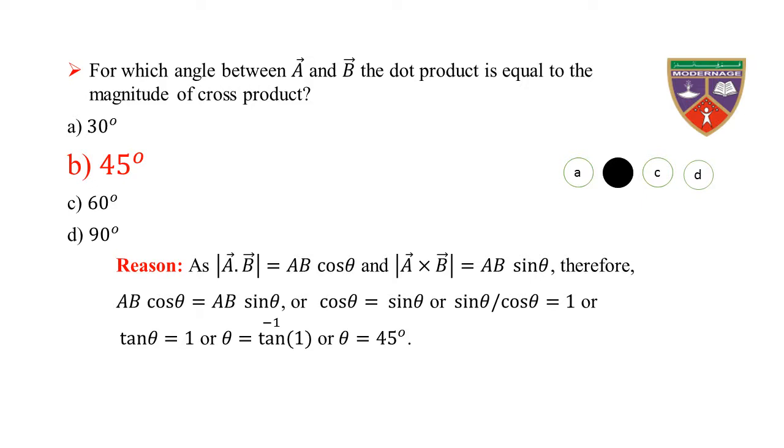Therefore, cos theta is equal to sin theta, or sin theta divided by cos theta is equal to 1, or tan theta is equal to 1, because the ratio of sin theta to cos theta is tangent theta, or theta is equal to tangent inverse 1, or theta is equal to 45 degree. Hence, the angle between vector A and B is 45 degree.